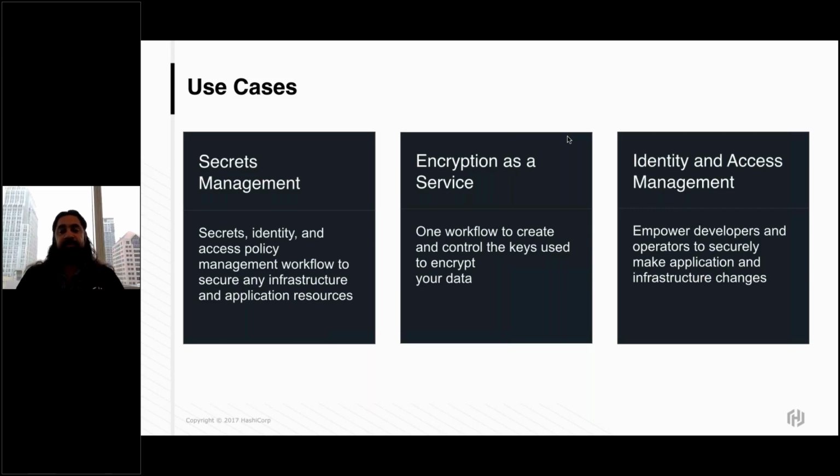Encryption as a service, where you can do one of two things: you can either encrypt data on the fly using an API within us, or you can create keys for other programs to do their encryption. And then lastly, identity and access management, so really allowing developers and operators to get access to the systems that they need to get access to.